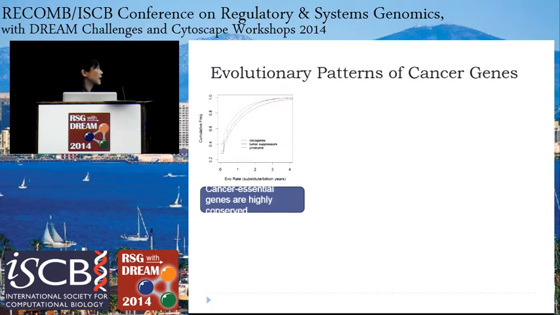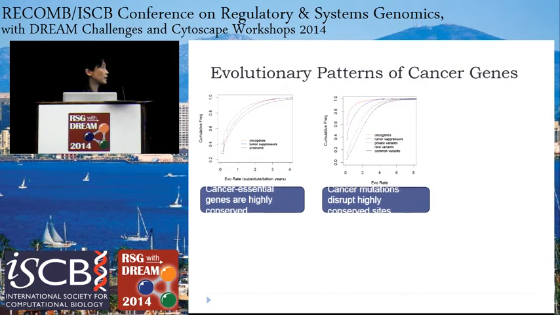In this picture, I showed 3 groups of genes. One is oncogenes, the other is tumor suppressor genes, and the third one is just random genes from the human proteome. And we can tell oncogenes are among the most conserved genes in the whole human proteome, followed by tumor suppressor genes.